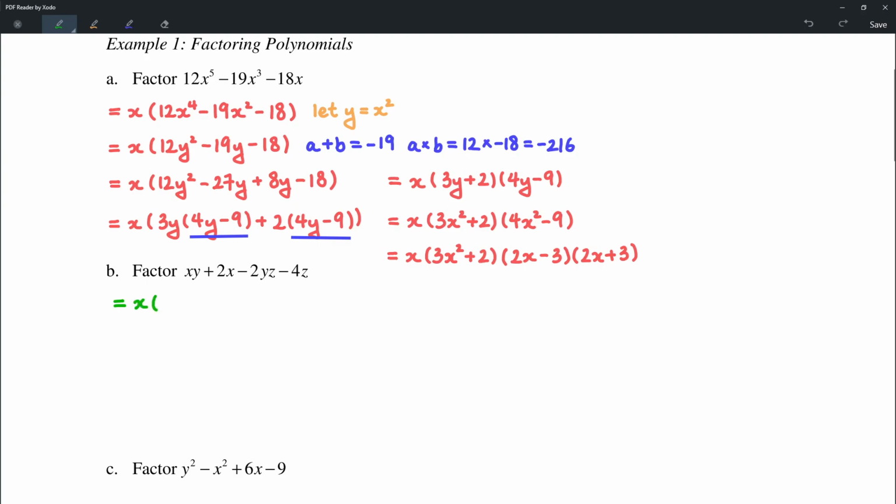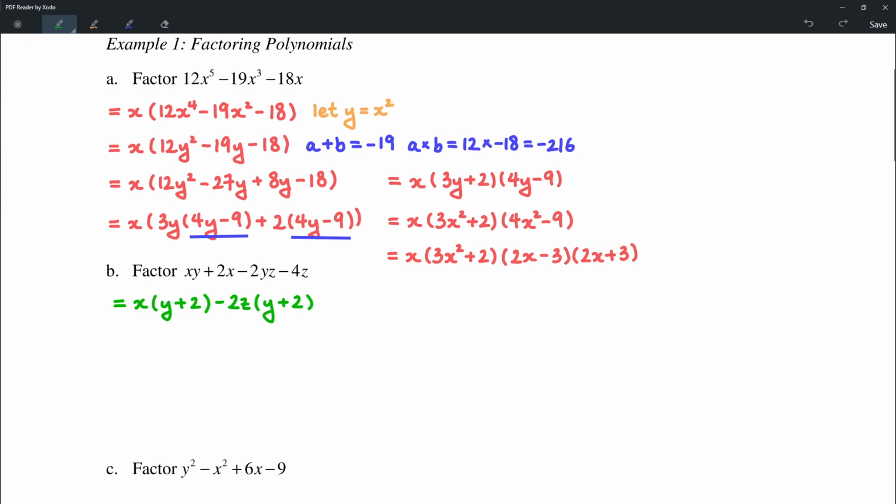So we have, instead of xy plus 2x, we have x times y plus 2. And then the last two terms have a greatest common factor of negative 2z, so we can factor that out. And we are left with y plus 2 there as well.